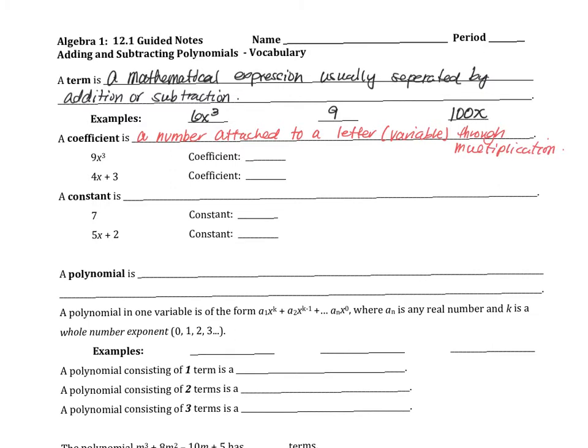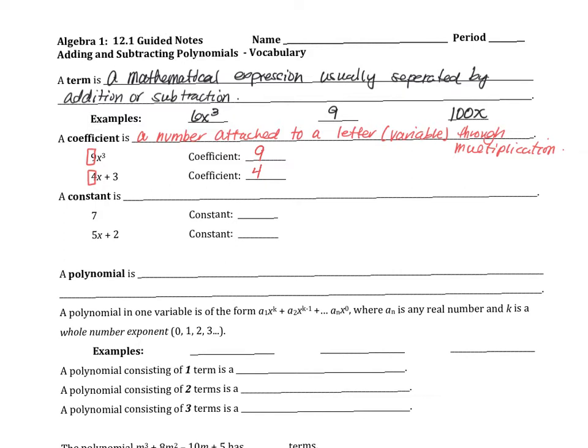Okay, so for example, the coefficient of this first one is going to be the number attached to the variable through multiplication, which will be 9. And then this one, number attached to a letter or variable through multiplication, so 4.